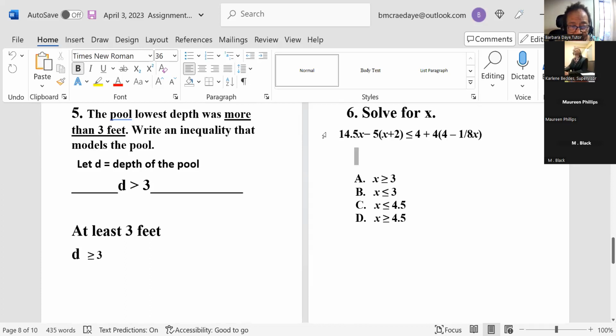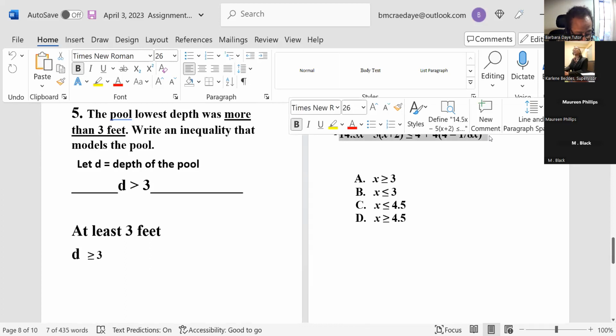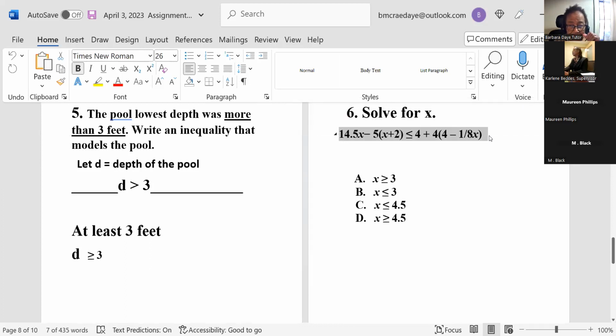Okay, let's just copy the whole thing. And you remember one of the things we said we sometimes have to do is simplify by getting rid of the parentheses or brackets or whatever. So you want to do that first.